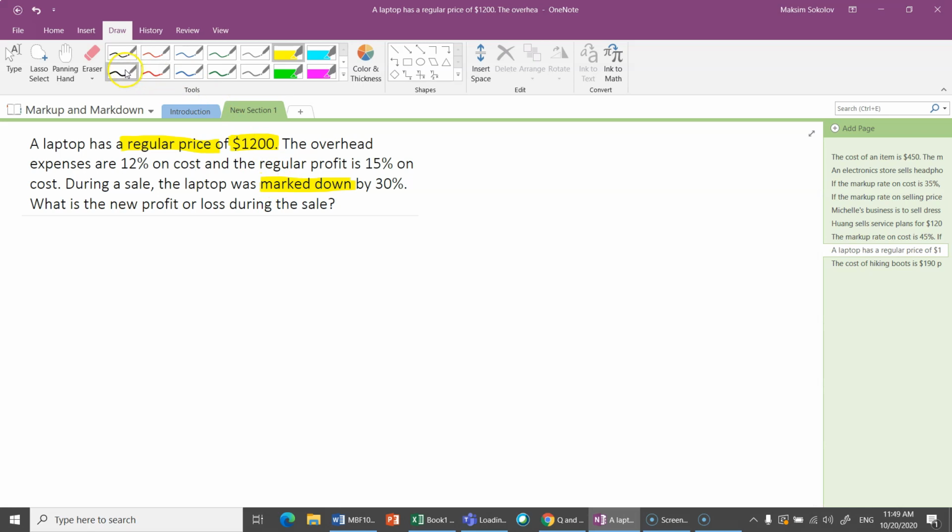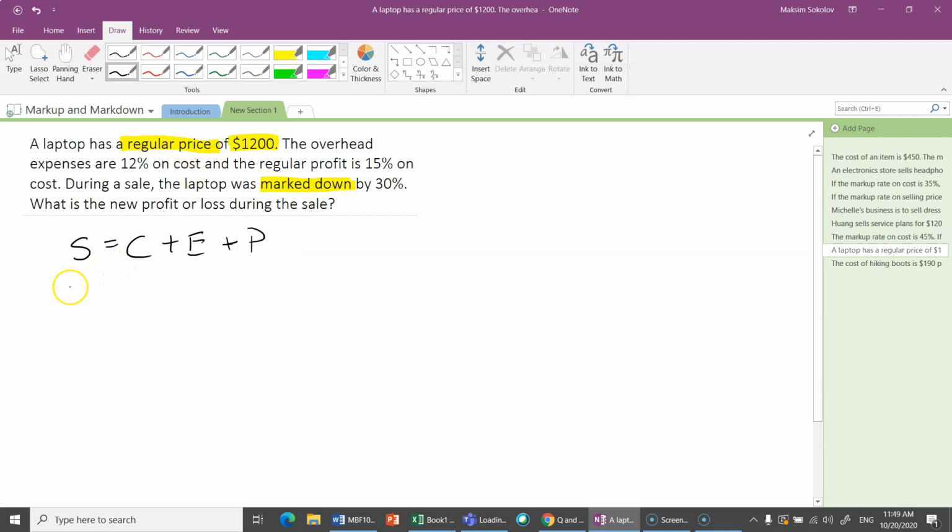But first and foremost, what we should do is to find the cost of the laptop. Here, selling price is cost plus expense plus profit. It's going to be a very similar process to what we saw before.